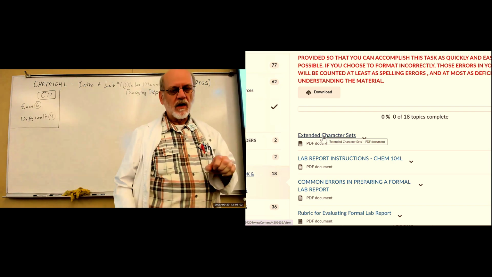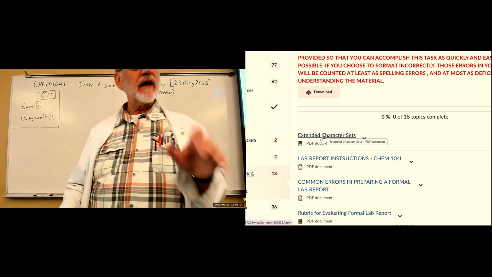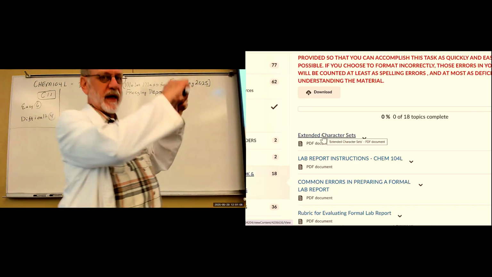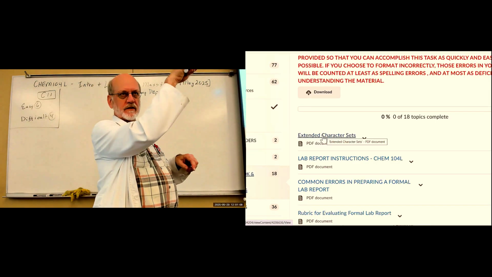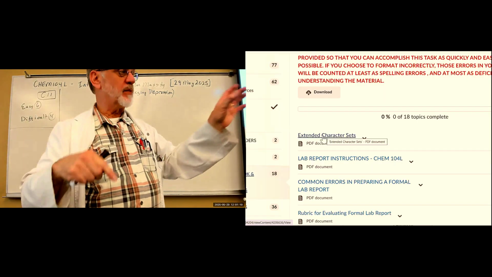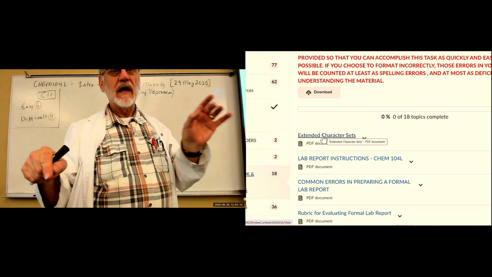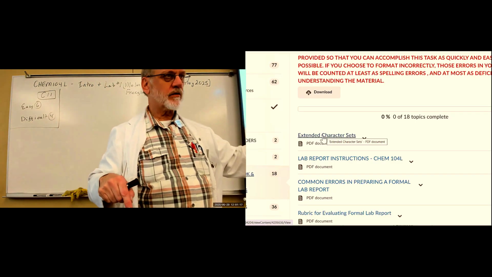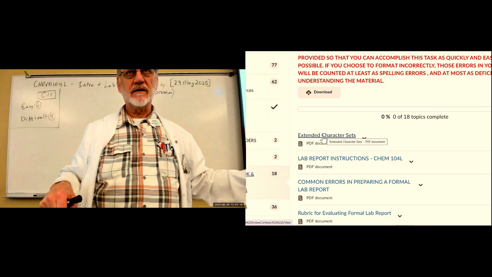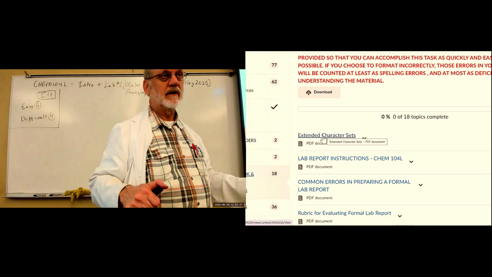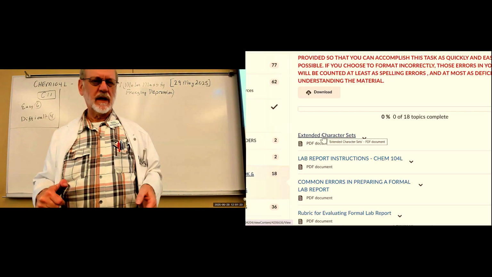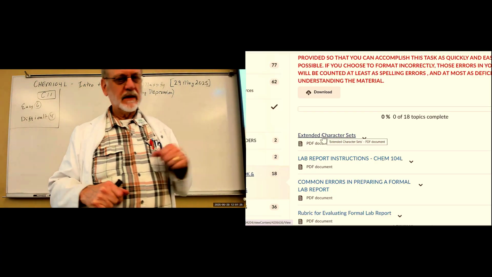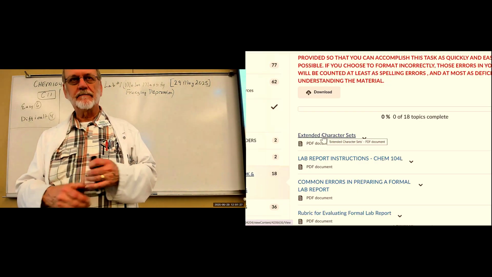Extended character sets are key combinations. Hold down the Alt key and, on the number pad, type out the number next to the character. Very often it will create that character. That'll save you a lot of time. It doesn't always work, but if it does, it will save you time.